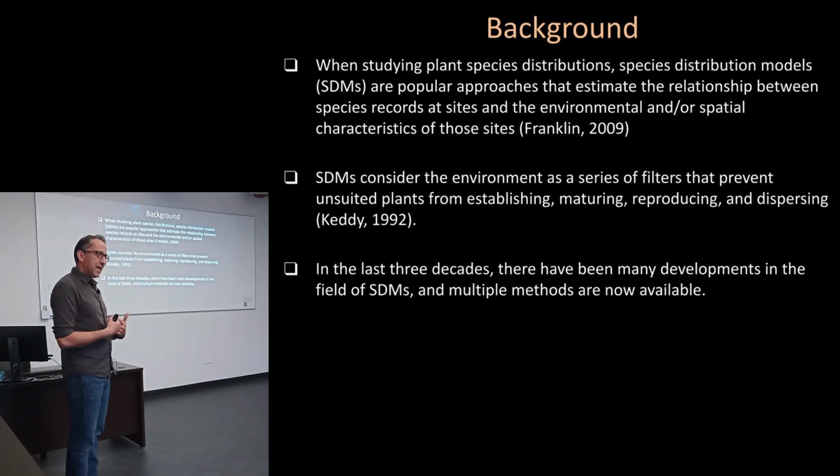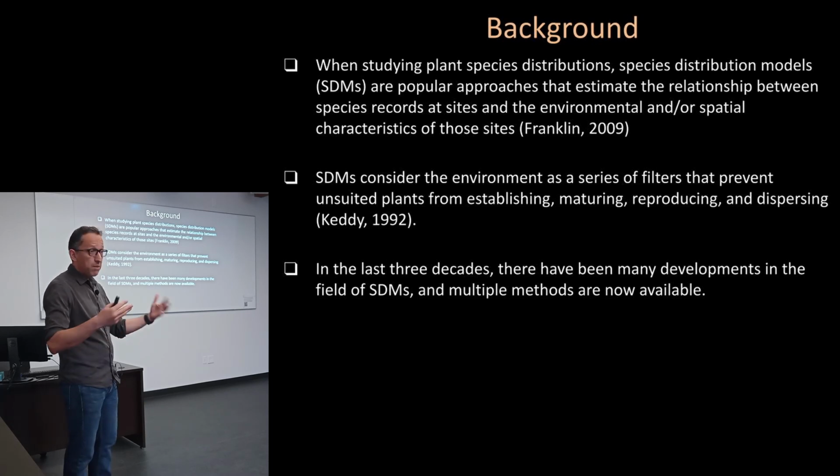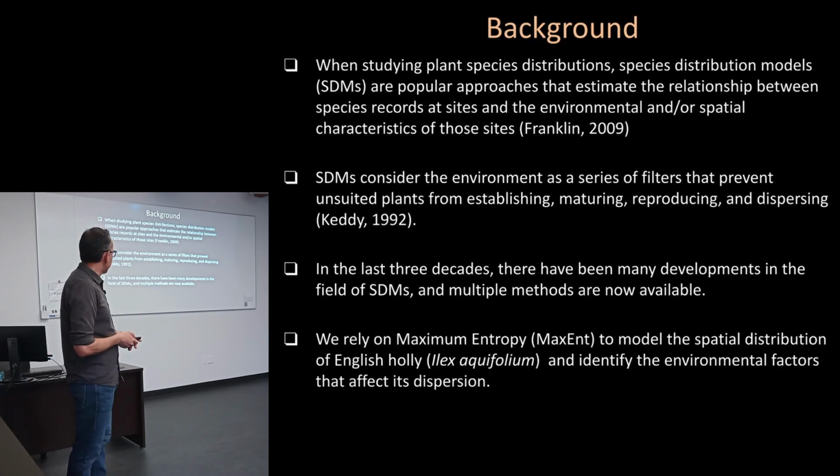In the last three decades, starting in the late 1990s until now, there have been a lot of developments in the types of species distribution models that are available, and there are many different methods that can be applied to learn about these types of interactions.